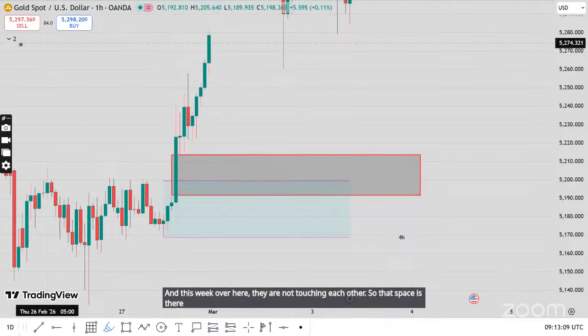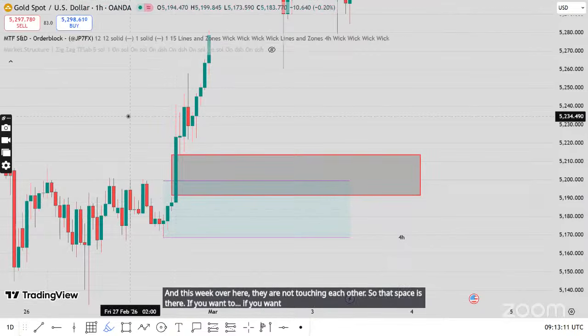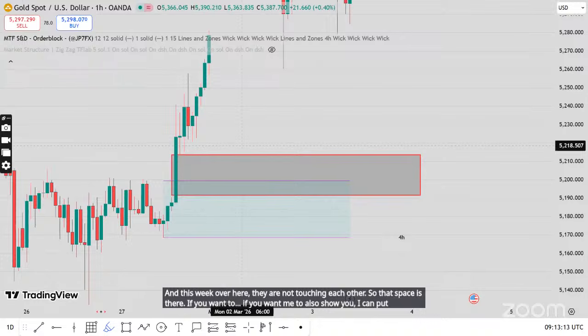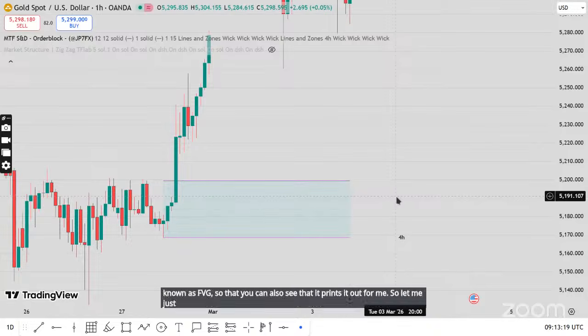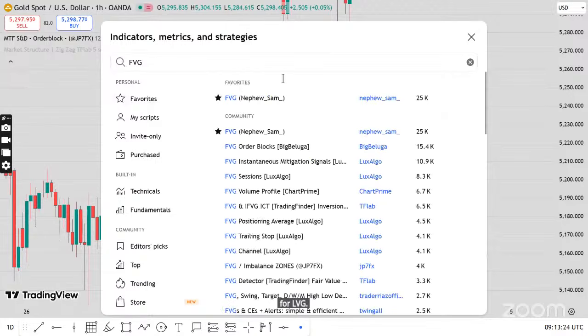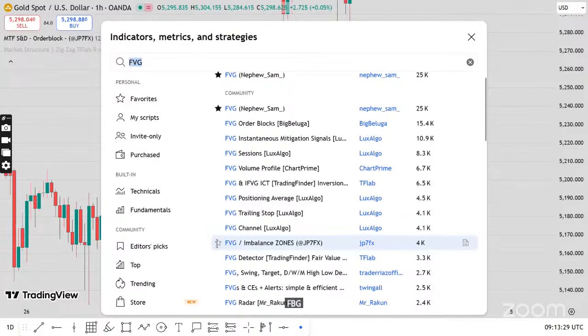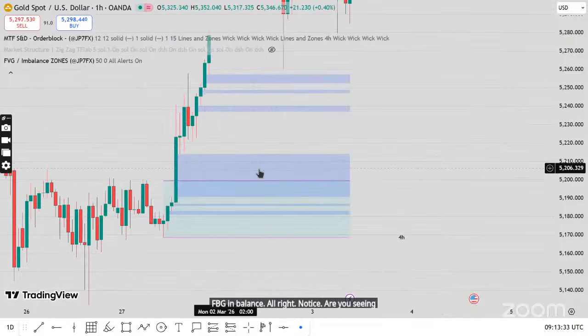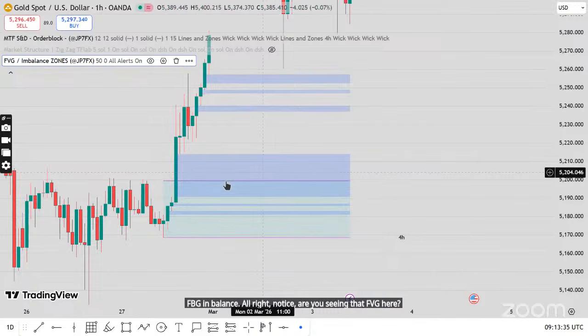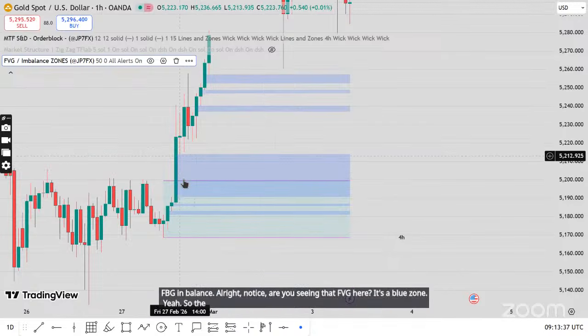If you want me to also show you, I can put a tool known as FVG so that you can also see that it prints it out for me. So let me just search for FVG imbalance. All right, notice, are you seeing that FVG here? It's a blue zone.